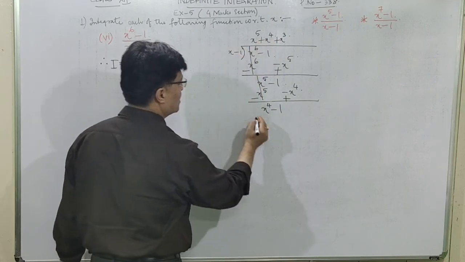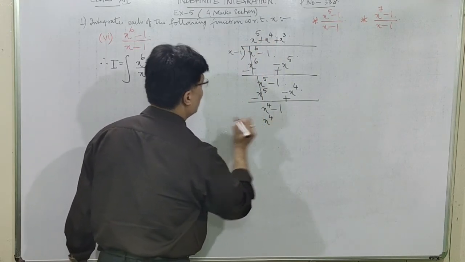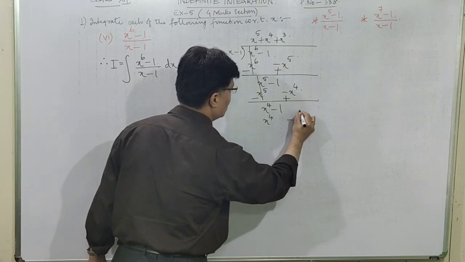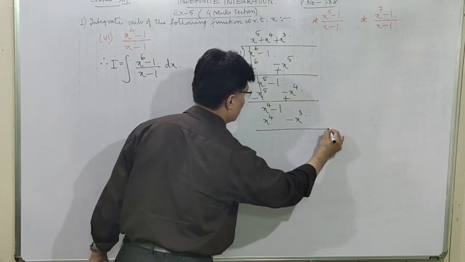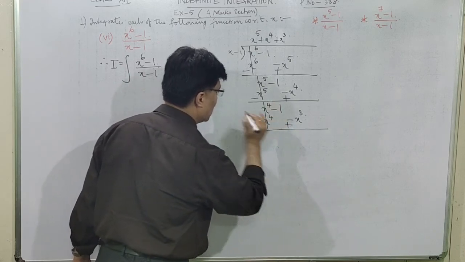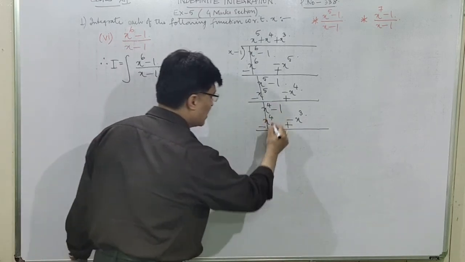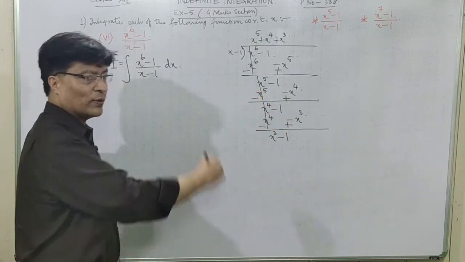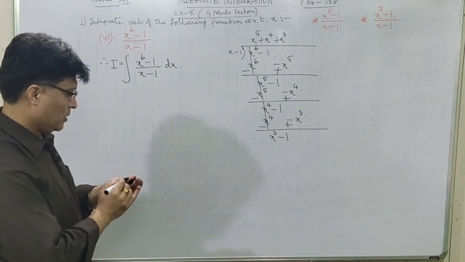So x cube into x is x to the power 4. Then plus into minus is minus, x cube into 1 is x cube. Now we have to change the sign again. This is minus, this is plus. x to the power 4 gets cancelled. So let us write x cube, then minus 1. Okay.